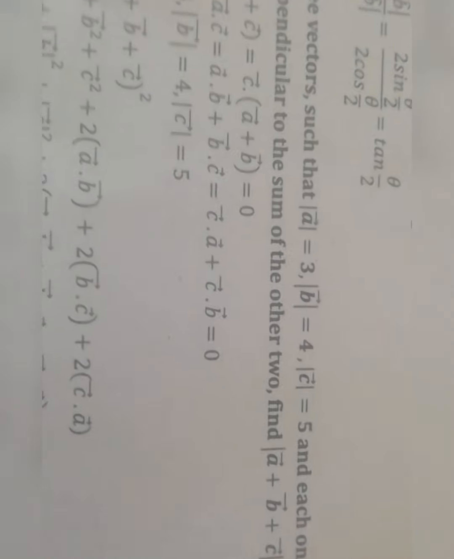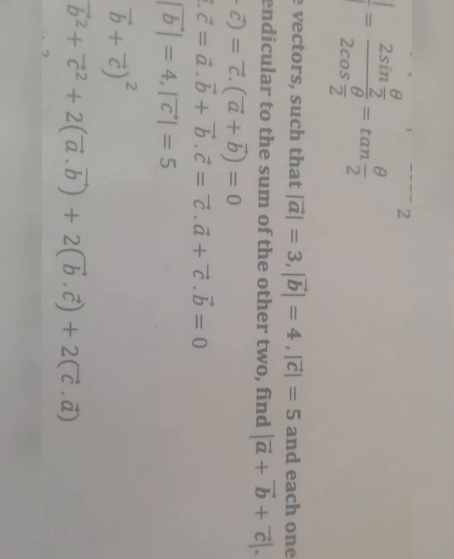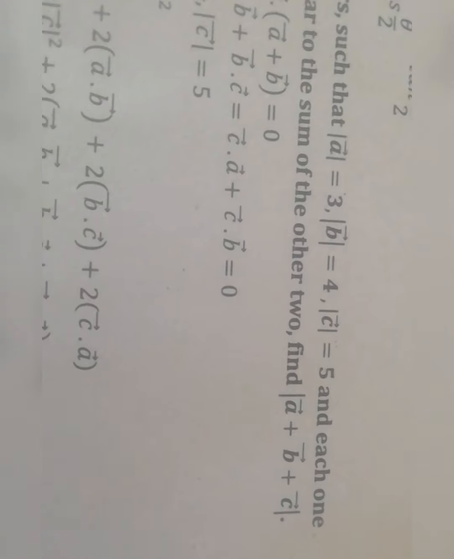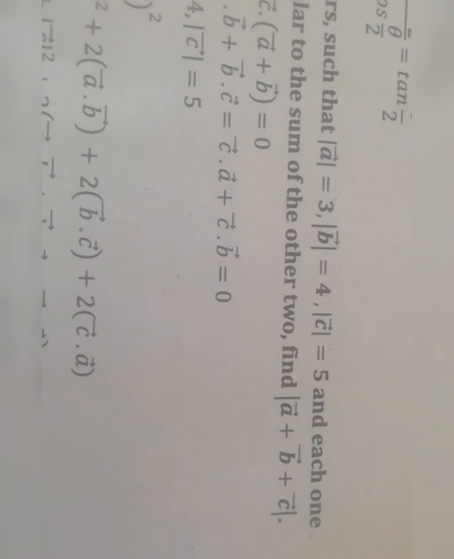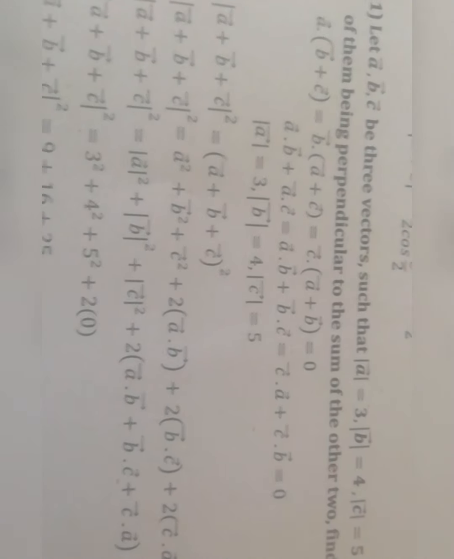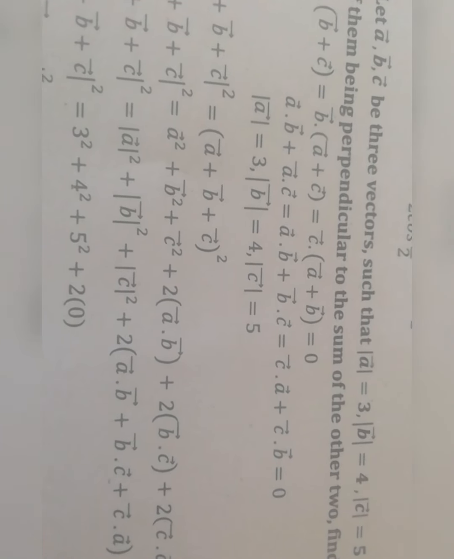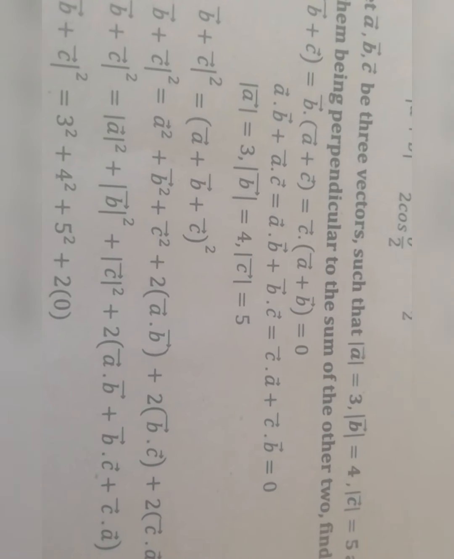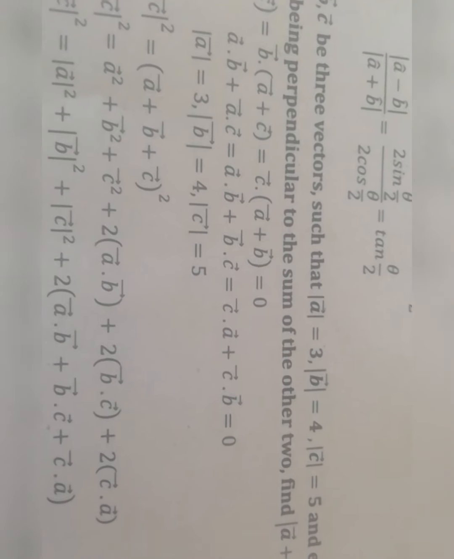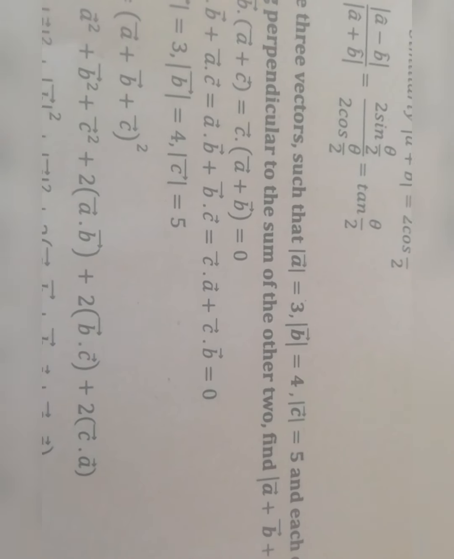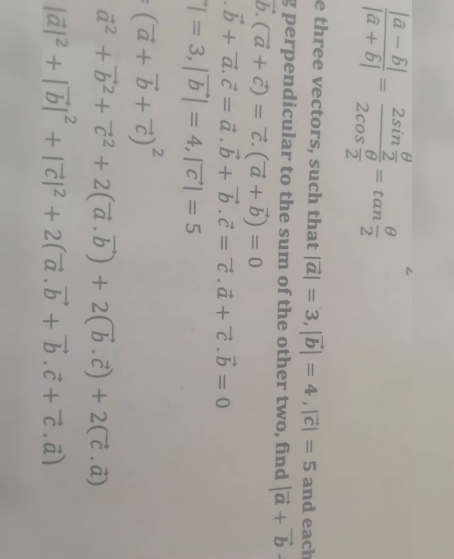The sum of the vectors: C is perpendicular to the sum of the other two vectors. If C is perpendicular to the other two vectors, then A dot (B plus C) equals B dot (A plus C) equals C dot (A plus B) equals 0.